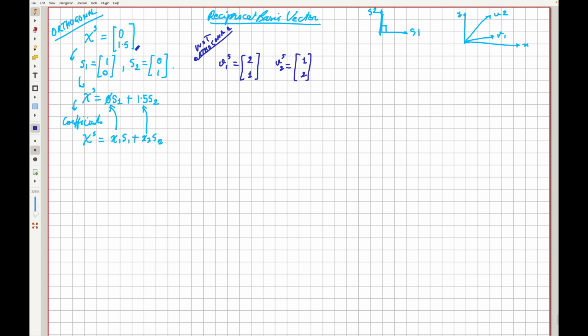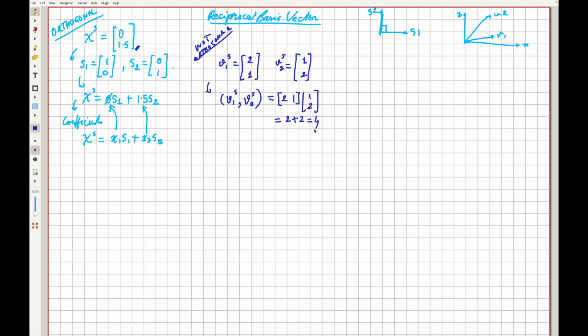In general, if we try to apply the regular expansion where the basis vectors are orthogonal, one problem is that if we look at the dot product of v1 with v2, the dot product is going to be 2 1 dotted with 1 2. What we get is 2 times 1 is 2, 1 times 2 is 2, and we get a value of 4.